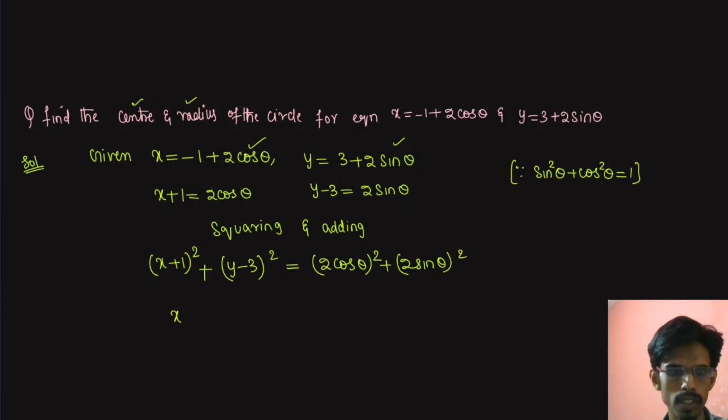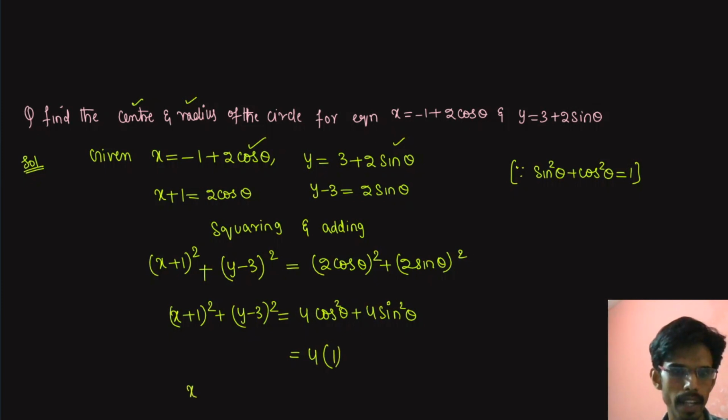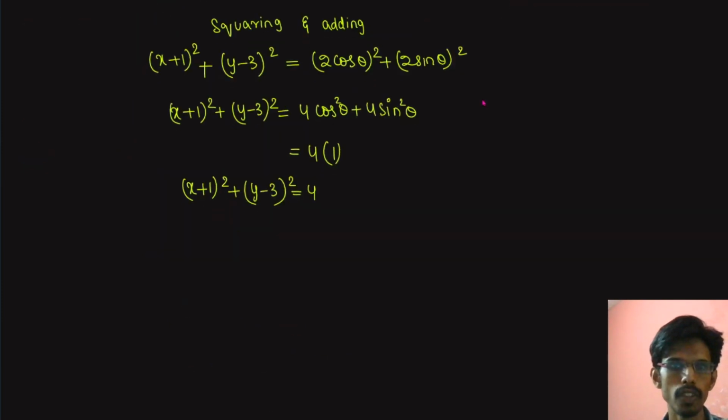Okay, this will become (x plus 1) square plus (y minus 3) square is equal to 4 cos square theta plus 4 sin square theta. Now if I take 4 common, I have cos square theta plus sin square theta, that will be 1. So I am getting (x plus 1) whole square plus (y minus 3) square is equal to 4. Okay, this is the equation of circle.